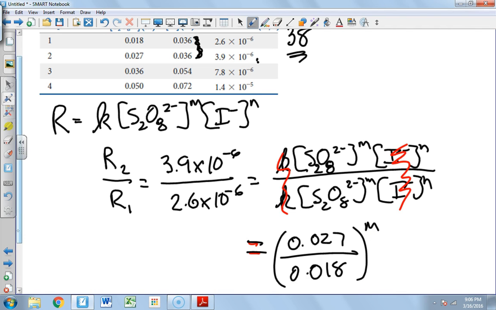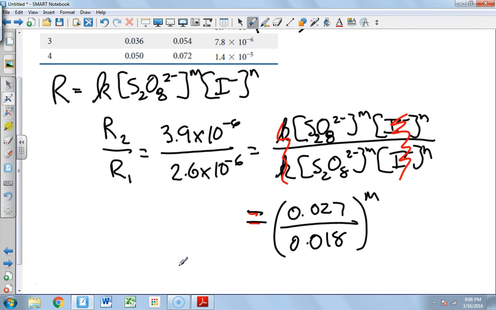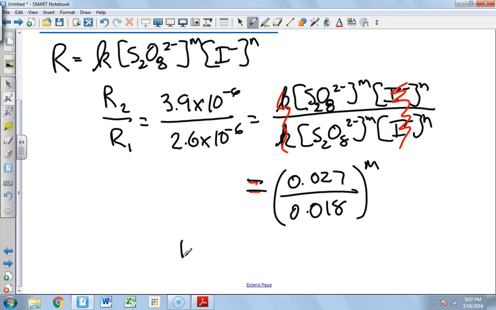Hopefully you see a little pattern here with the numbers, but I'll do the math anyways. 3.9 times 10 to the minus 6 divided by 2.6 times 10 to the minus 6 is 1.5, and then 0.027 divided by 0.018 is equal to 1.5 raised to the m power.